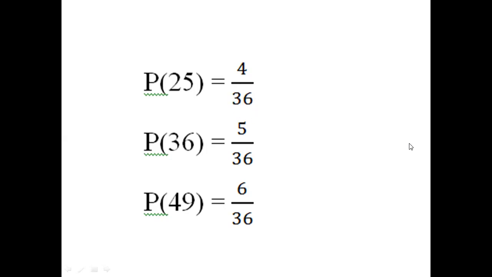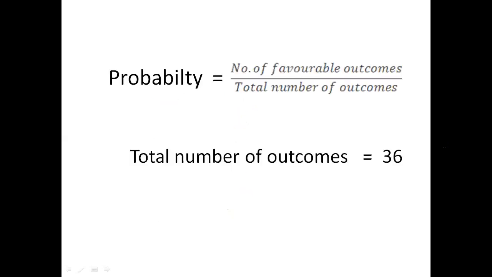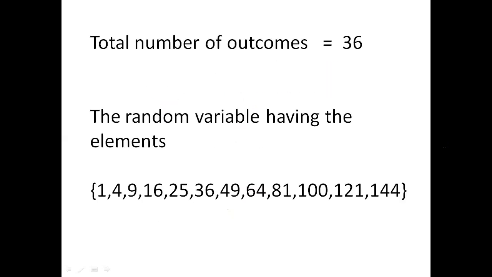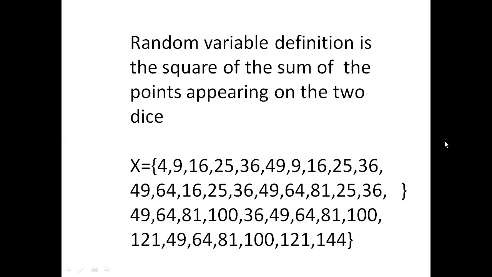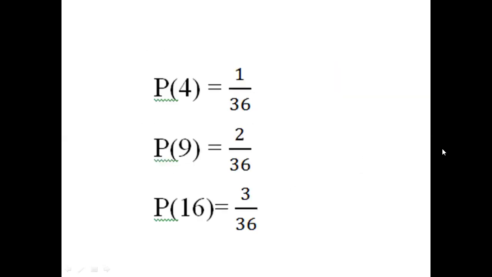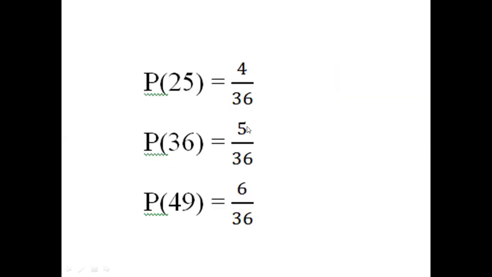What is the next element in the random variable? 36. How many times will 36 be repeated? 1, 2, 3, 4, 5. 5 times. So the probability of 36 is equal to the number of favorable outcomes, 5, divided by the total number of outcomes, 36.